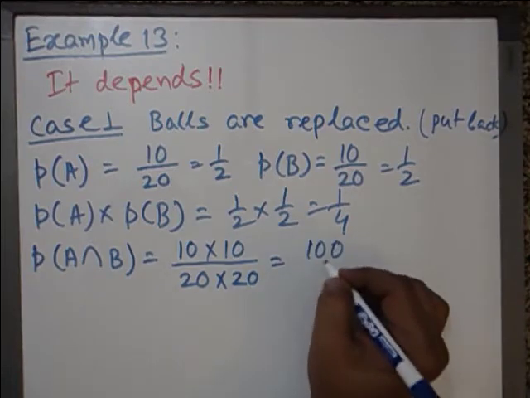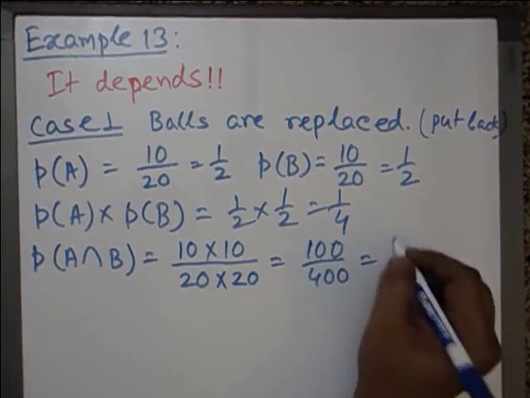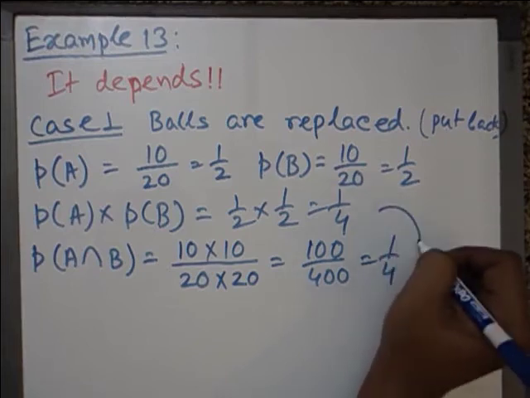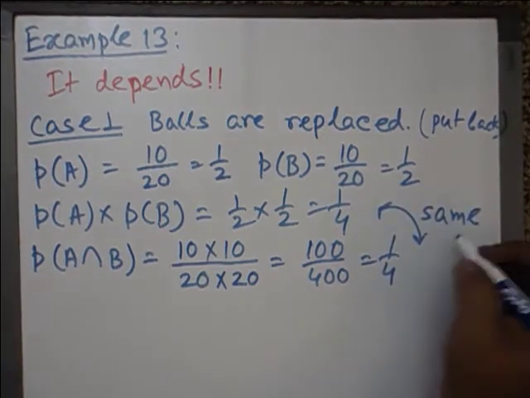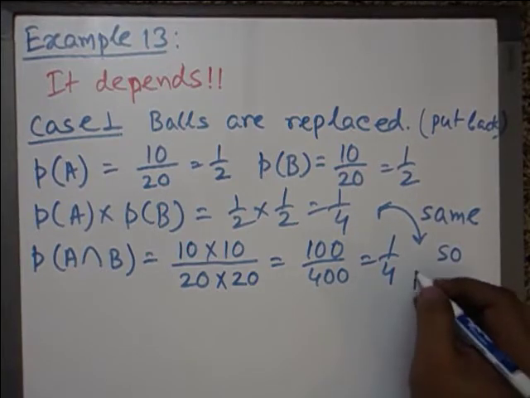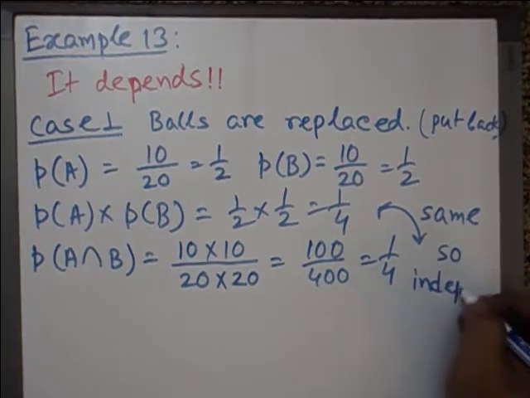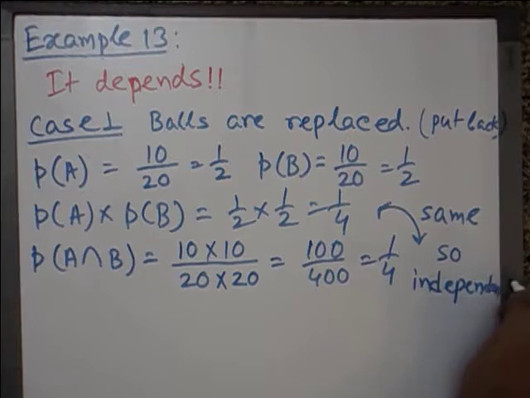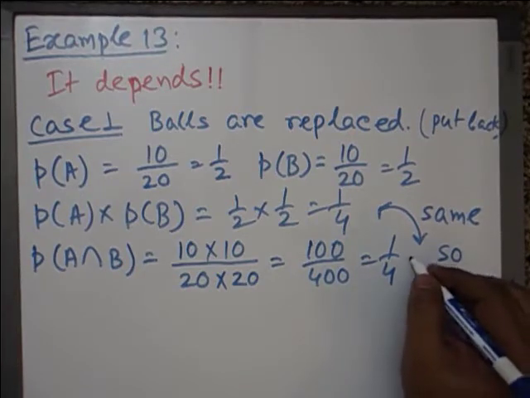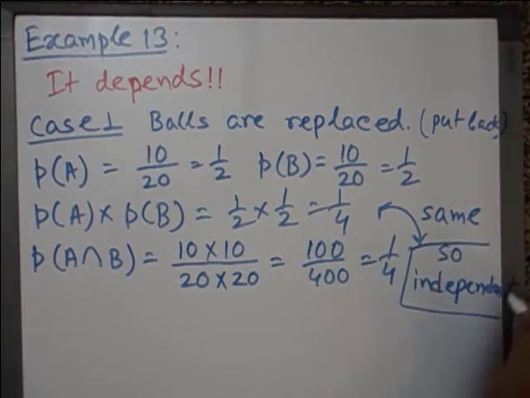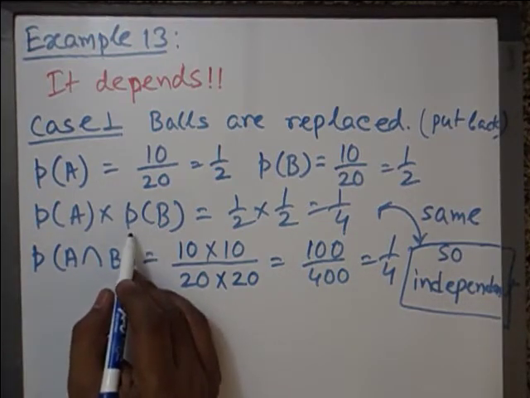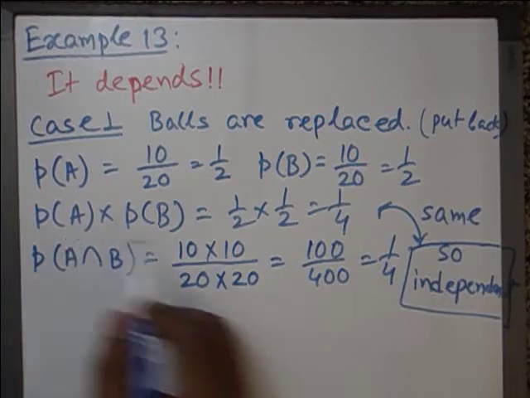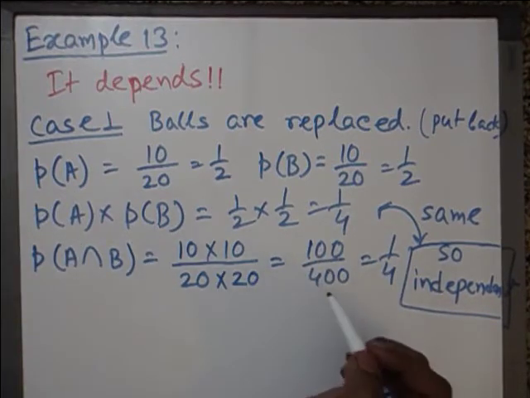So this is 100 over 400, 1/4. Same. So independent. P of A intersection B is equal to P of A times P of B. They are same, 1/4. So these two are independent.